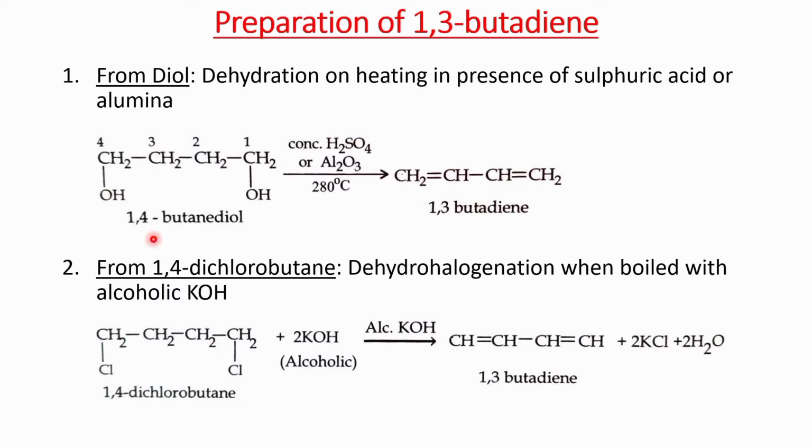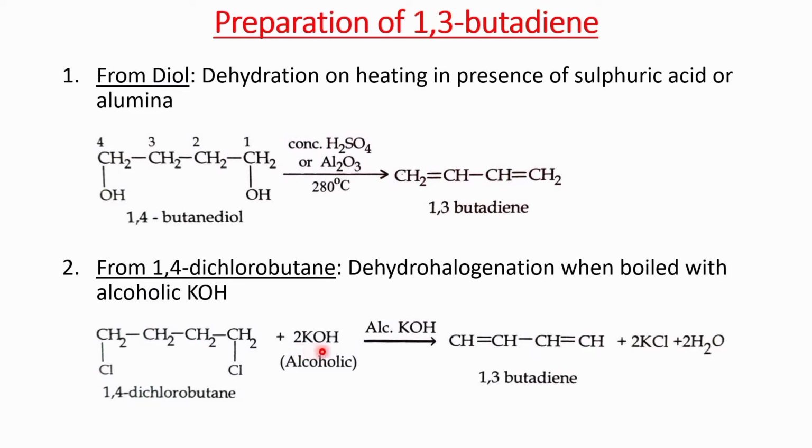As we saw in the previous case there were OH groups at the first and fourth positions; here we have chlorine groups at the first and fourth positions. So this chlorine will take a hydrogen from the second position and this chlorine will take a hydrogen from the third position along with it.